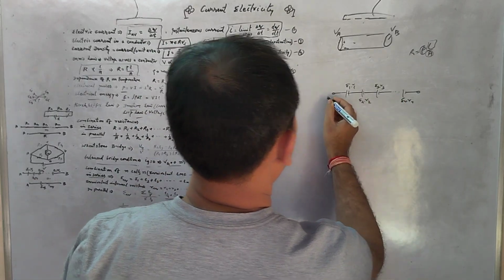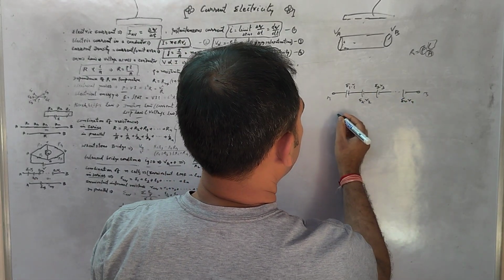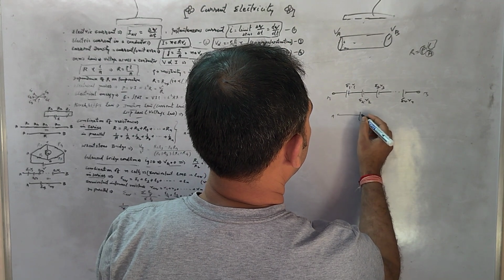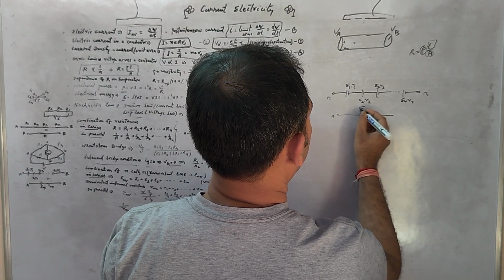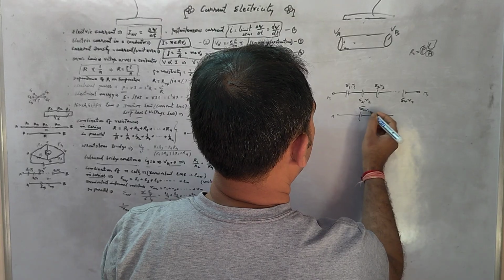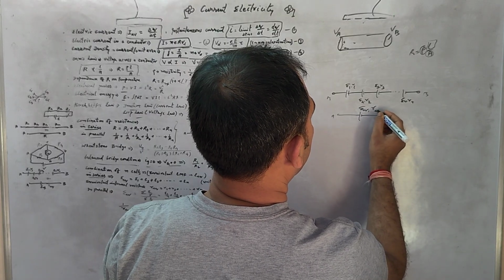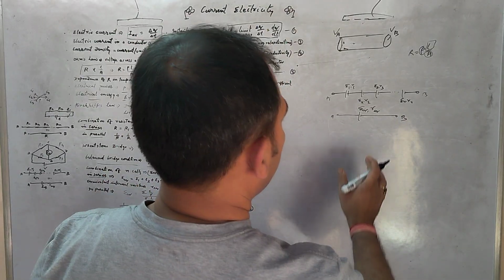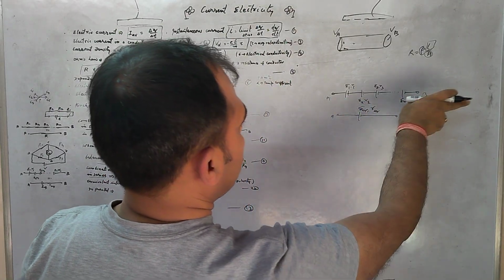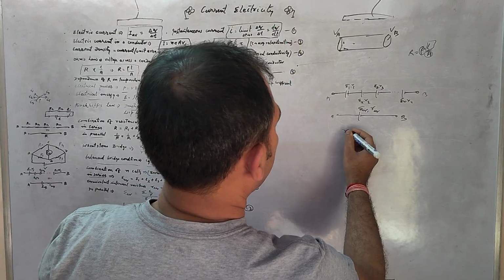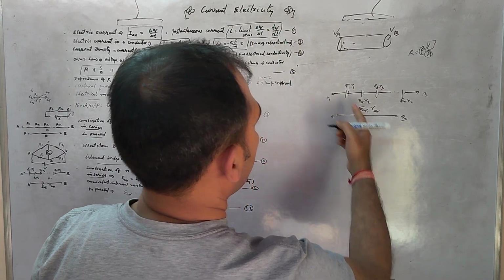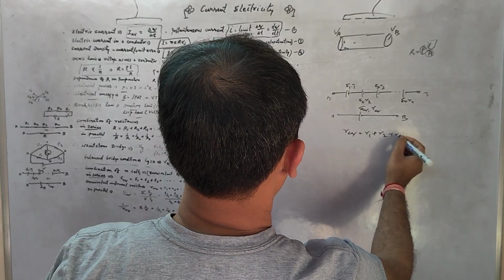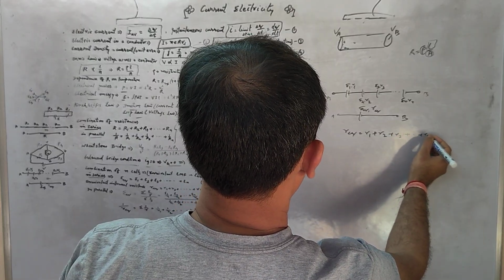A B. So this will work as an equivalent battery with EMF E equivalent and internal resistance R equivalent. Again, series combination. So R equivalent will be equal to R1 plus R2 plus R3 plus Rn.